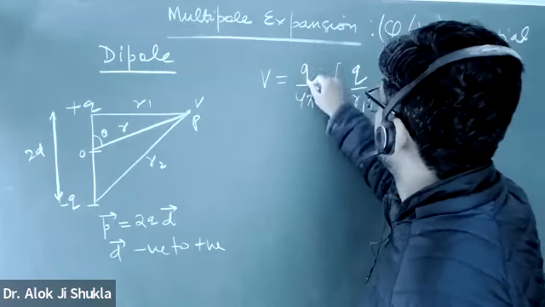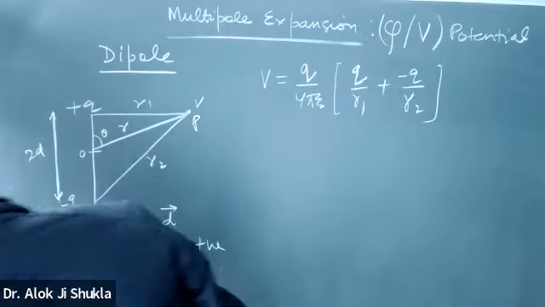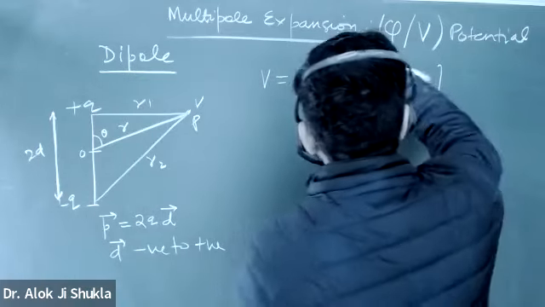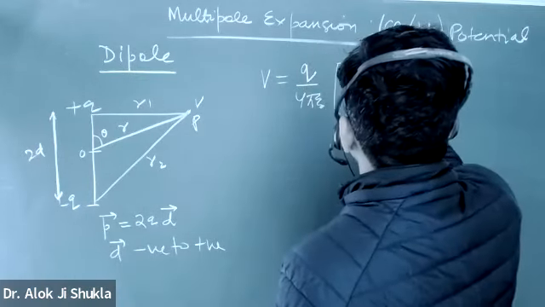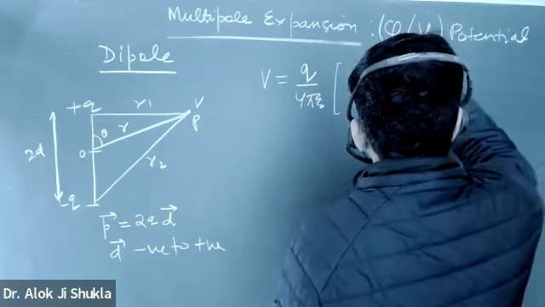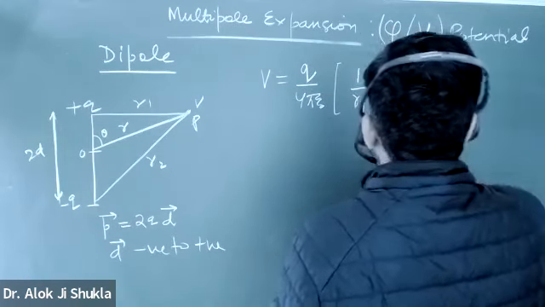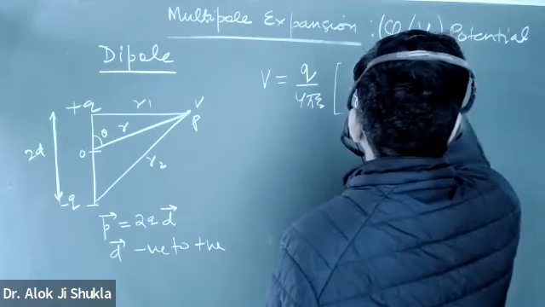Q you can take common and it will become 1 by R1 minus 1 by R2.